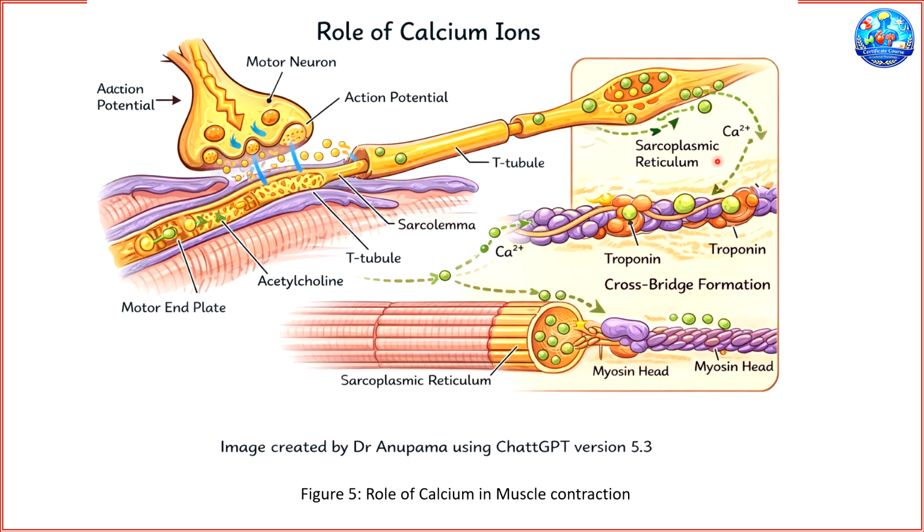These released calcium ions, which are now present in the sarcoplasm, bind to troponin. This causes conformational changes that move the tropomyosin.